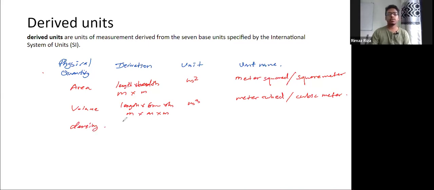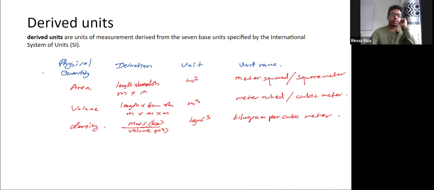So density is mass divided by volume. So kilogram divided by meter cube. So then we get kg m to the minus 3, kilogram per cubic meter, kilogram per cubic meter, right?